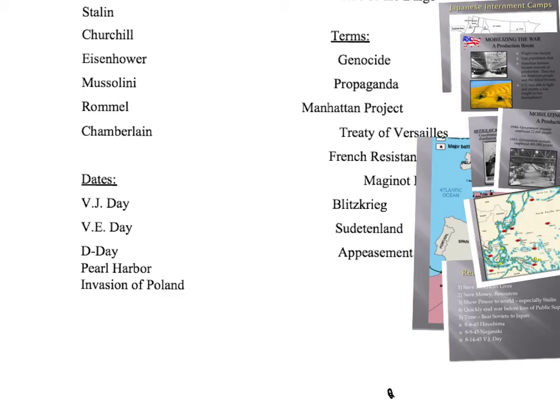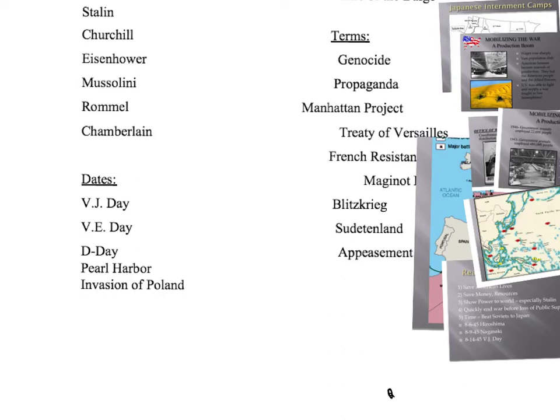So World War II starts for Europe September 1, 1939, with the German invasion of Poland. World War II starts for the United States with the bombing of Pearl Harbor, December 7, 1941. D-Day is the American invasion of northern France, June 6, 1944.